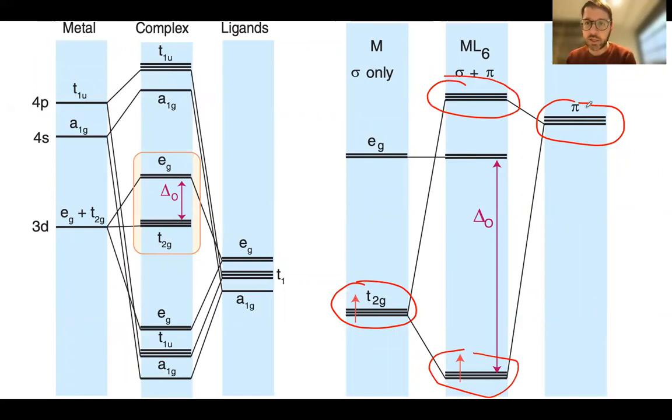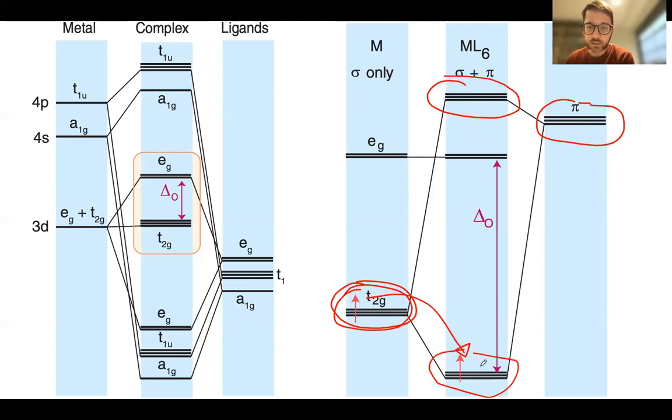Because the pi orbitals of the ligand are vacant, the electrons in the non-bonding T2g orbital occupy the bonding combination after the pi interaction of molecular orbitals having this T2g symmetry.